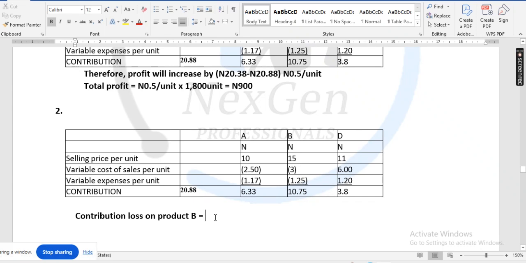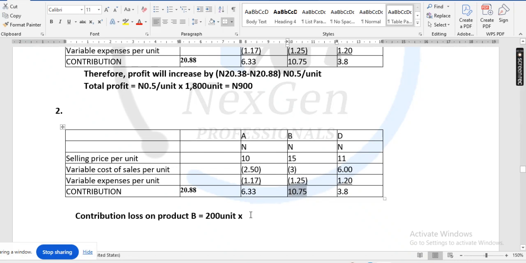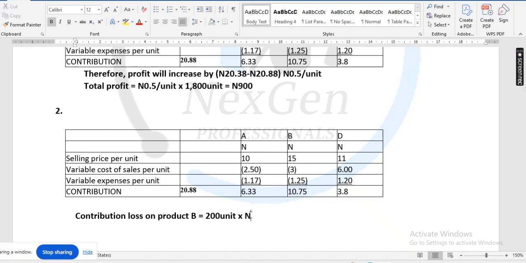So, class, as a result of the reduction, they will lose contribution, right? They will lose 200 units times the contribution. The contribution for B is what? 10 naira 75 kobo.